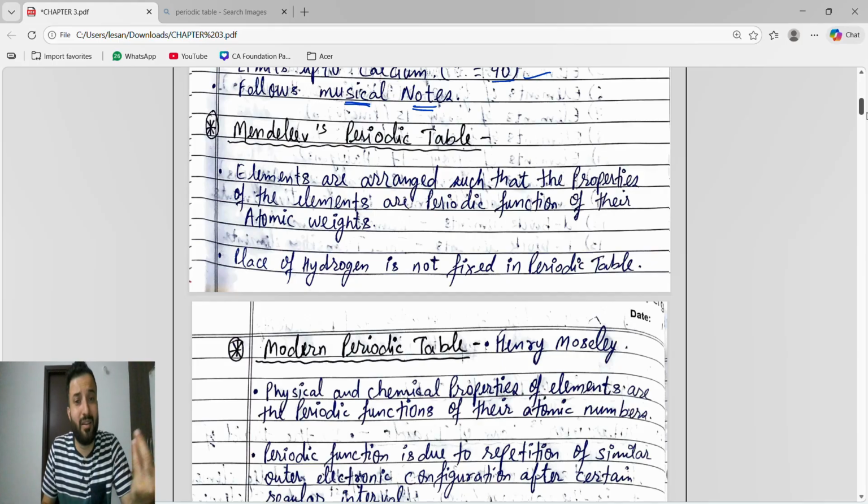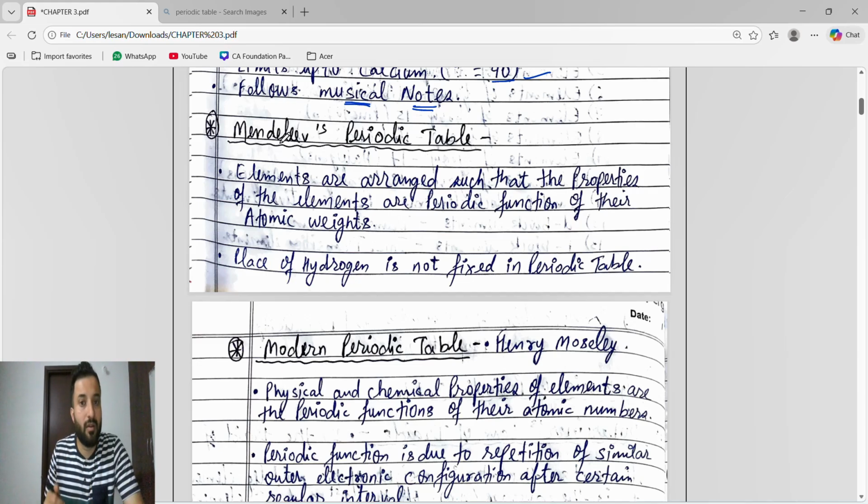First Dobereiner's law of triads, next Newland's law of octave. Newland's law of octave also got failed. So next came Mendeleev's periodic table. Till now they have not asked, but if they ask who is the father of the periodic table, we'll say Mendeleev, because Mendeleev made almost 80% of the periodic table.